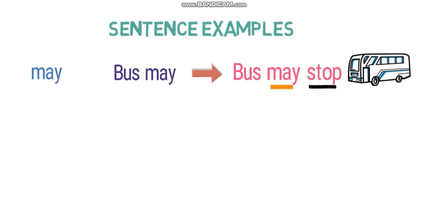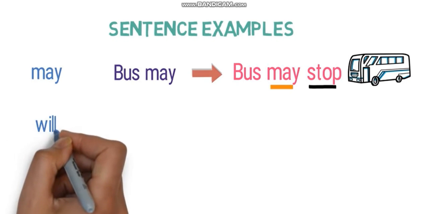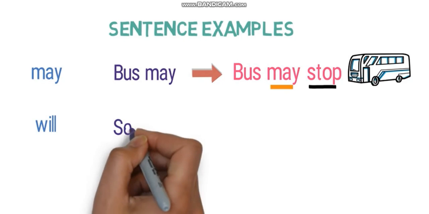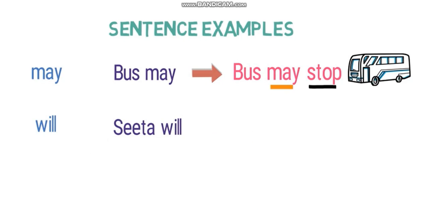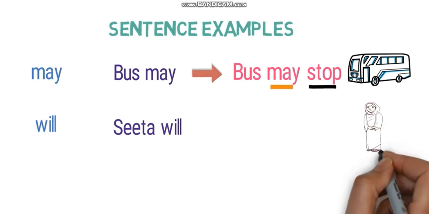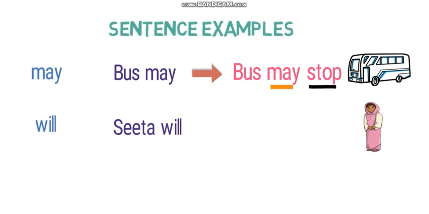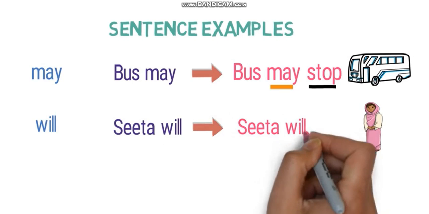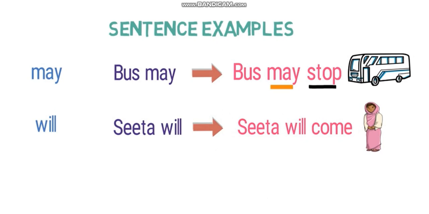Let's look into the second example. Now look at this sentence: Sita will. Does this statement convey any meaning about the subject Sita? No, it doesn't. Now look at the complete sentence: Sita will come. Students, identify the main verb: it is come.